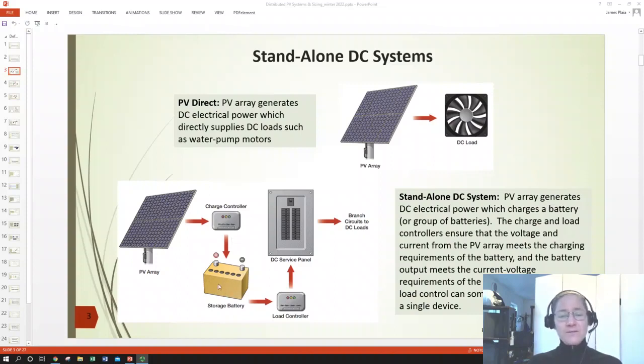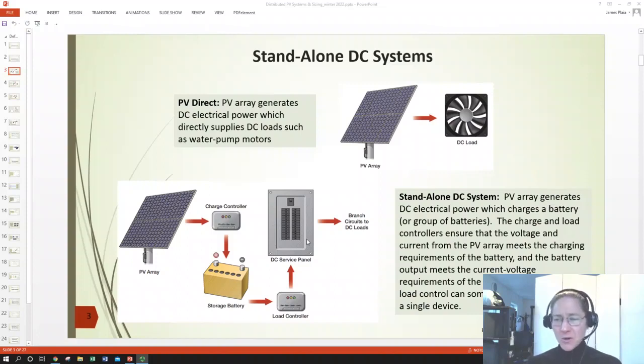So you can safely charge your batteries. And then on the usage side, when you want to draw electrical energy from those batteries, you'll sometimes have another DC to DC converter known as a load controller, which will ensure that the DC voltage that your service panel and hence your loads are accepting are what they need.